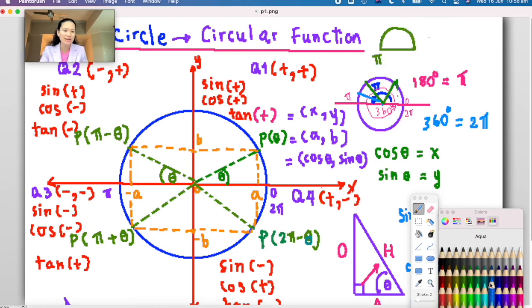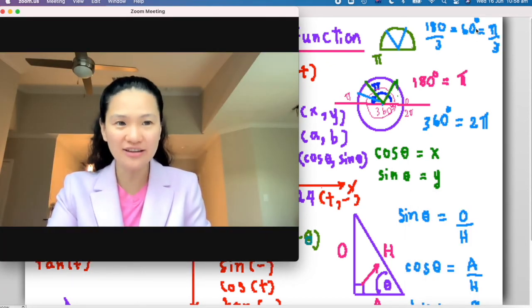If I divide it by 3, it's going to be like this. So 180 divided by 3 is equal to 60 degrees, or another way, pi divided by 3. So there is a reason that 60 degrees equals pi divided by 3.